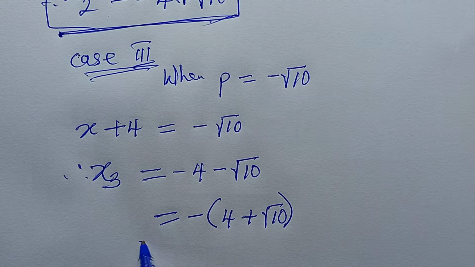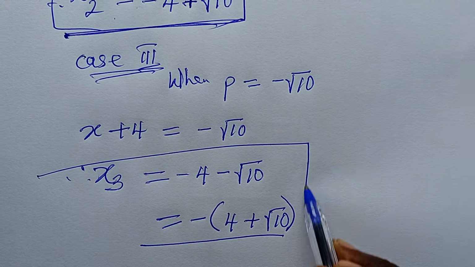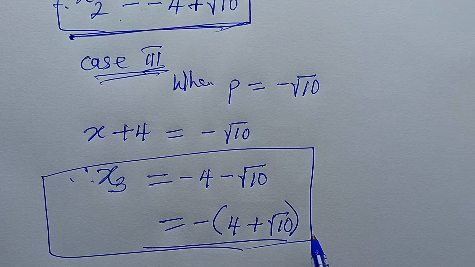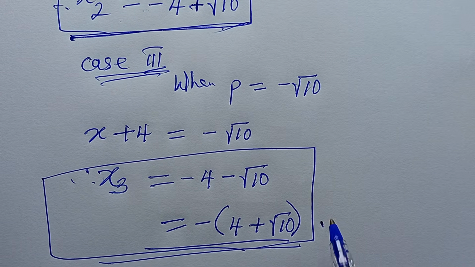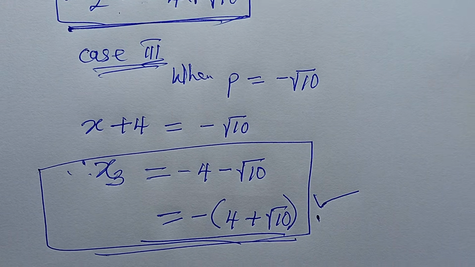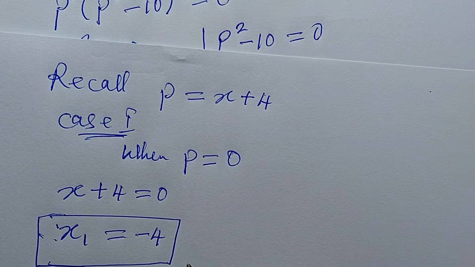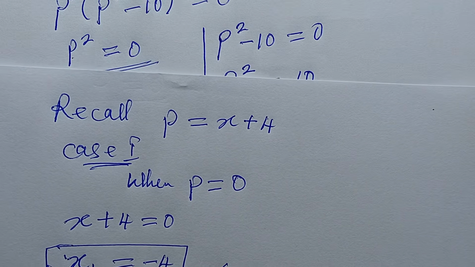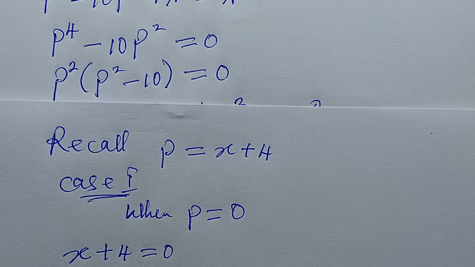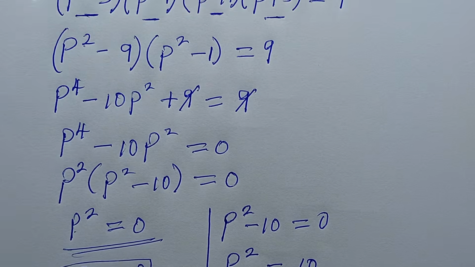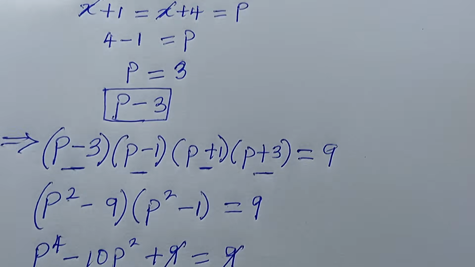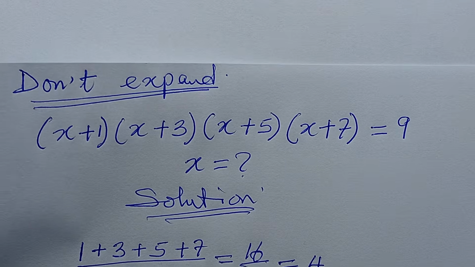So this is another way of rewriting the third root. So these are the three values of x that satisfy the original equation. So without expounding, this is one of the ways you can apply in solving these equations.